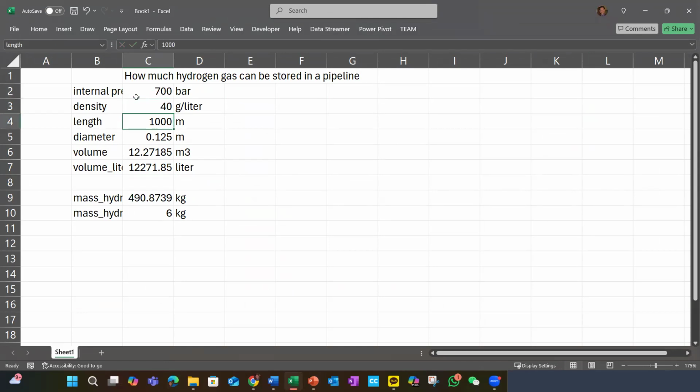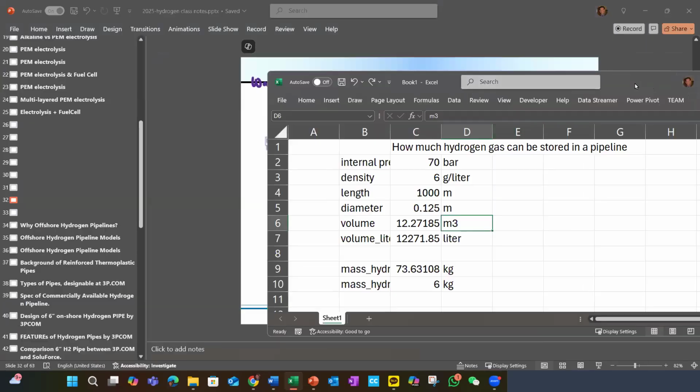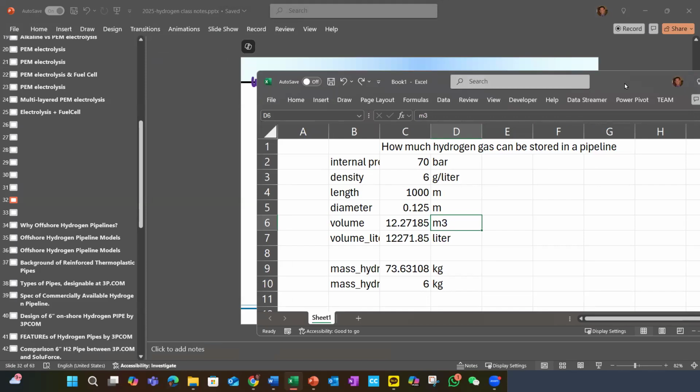Now, as you can see, 490 kilo, as you can see how much hydrogen gas. Well, this is just a simple equation and formula to get the idea that the hydrogen distribution pipe system can be used as an energy storage system. That's the one I'd like to emphasize.